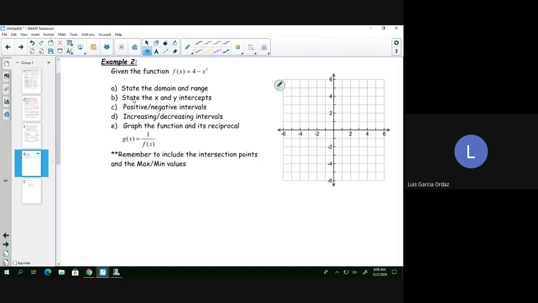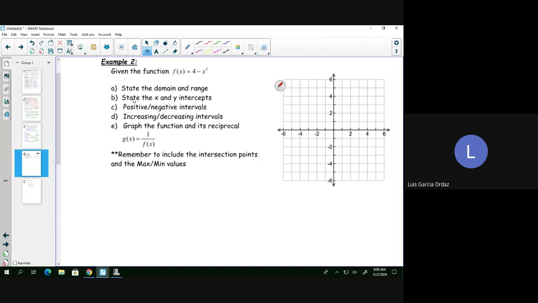So again, we want to state the domain and range, the x and y intercepts, the positive and negative intervals, so where it's above or below the x-axis, the increasing and decreasing intervals, and we want to graph its reciprocal function, so g of x equal to 1 over x. But what we want to do first is graph our parent function, f of x equal to 4 minus x squared, sorry.